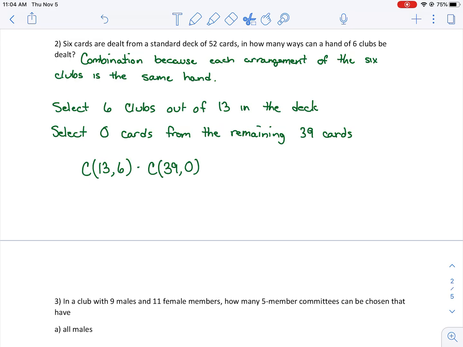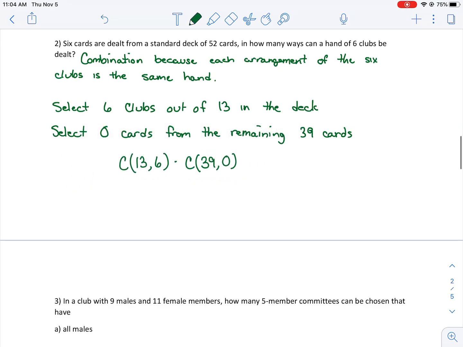So I'm going to set up each of the formulas. The first one is 13 factorial divided by the quantity 13 minus 6 factorial times 6 factorial, times the following, 39 factorial divided by 39 factorial times 0 factorial.